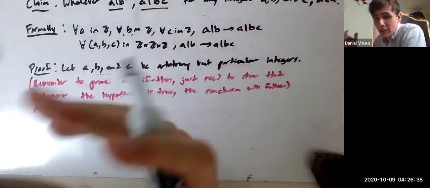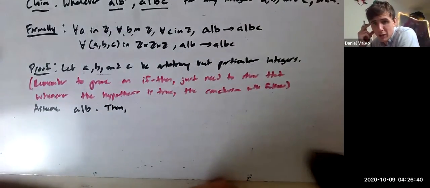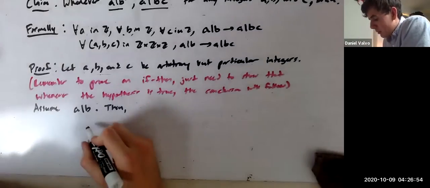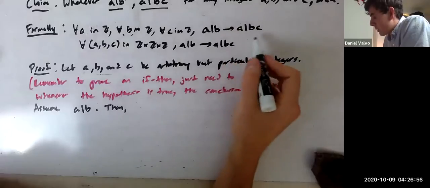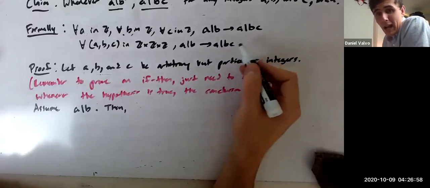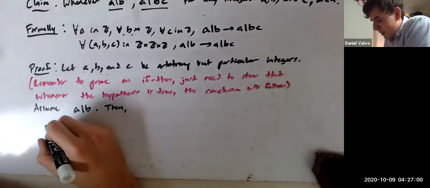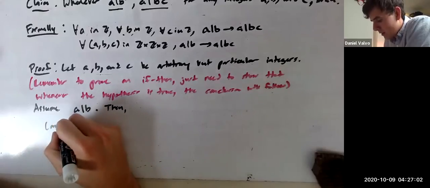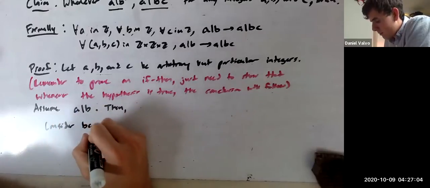All right. Well, then what's the first thing we do usually in all these divides proofs? Eventually we're going to want to prove that A divides BC. And so eventually we're going to want to say, consider BC.